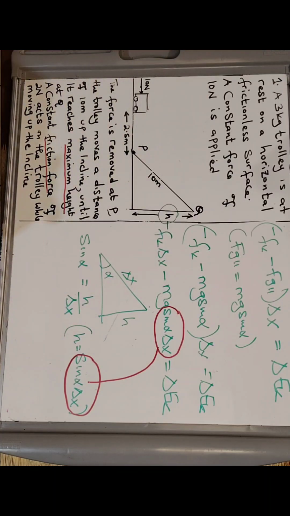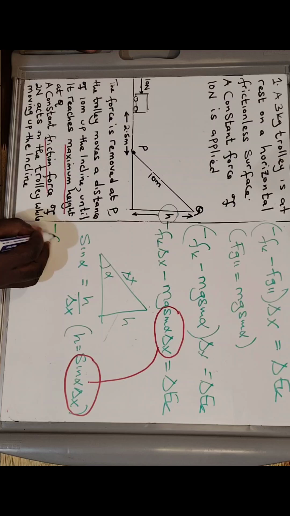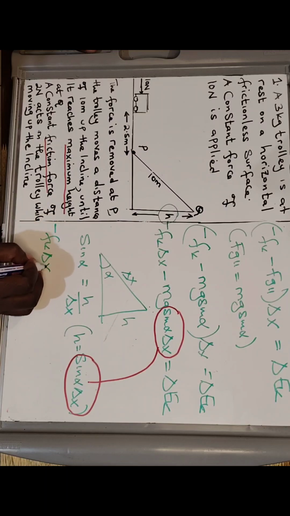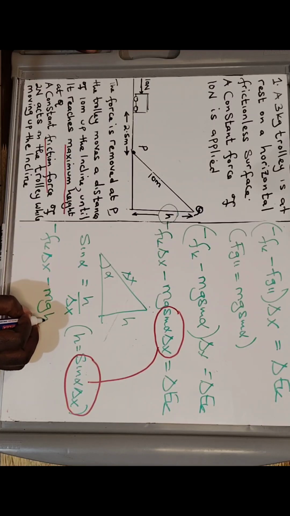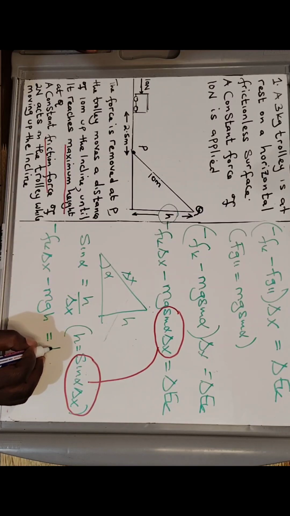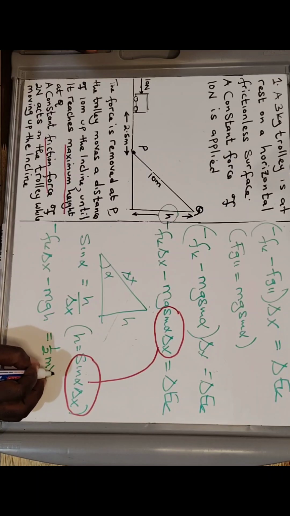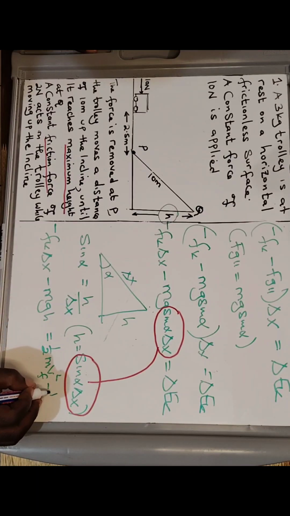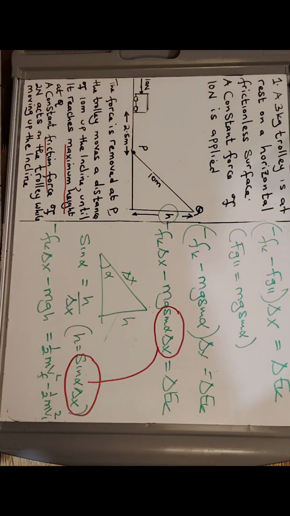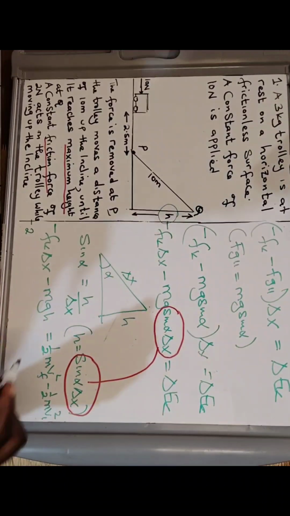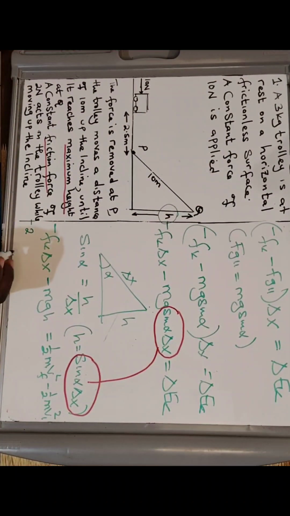So the equation has become minus Fk delta x minus mg h, which is equal to a half mv f squared minus a half mvi squared. So at this moment, all we need is to substitute.